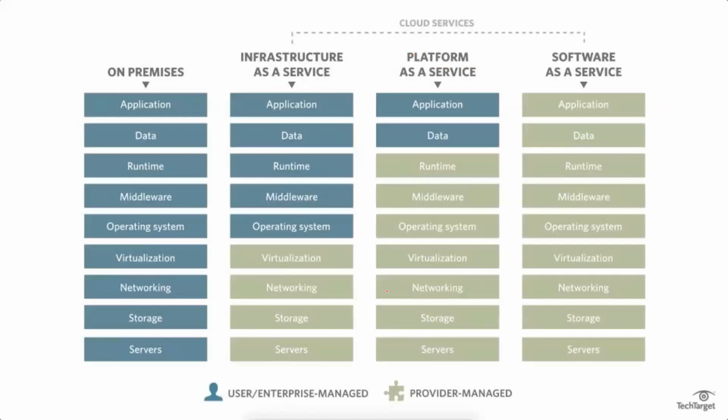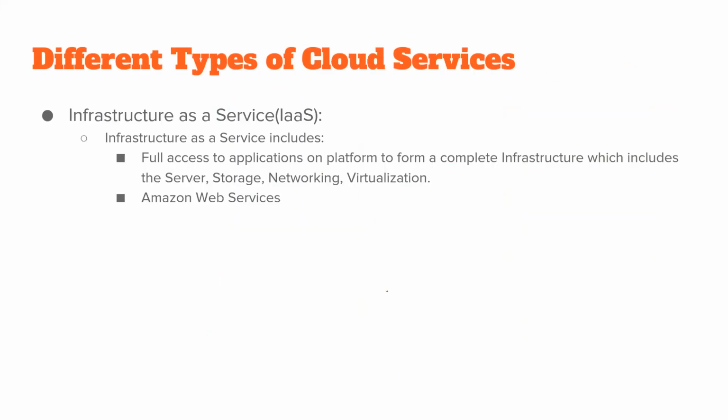And when we come to infrastructure as a service, it offers you very few capabilities. Infrastructure as a service includes full access to applications on the platform to form a complete infrastructure, which includes server, storage, networking, virtualization.